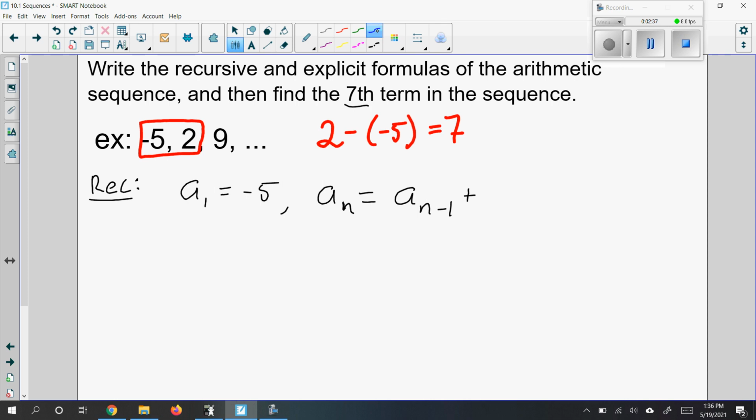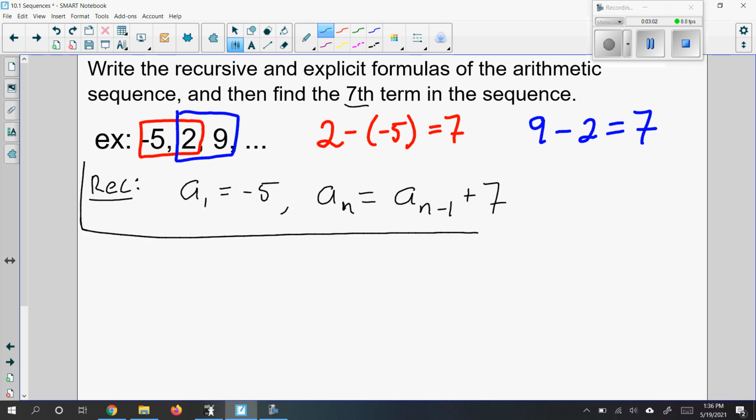We can take any two consecutive terms, so we could have taken these two terms as well. 9 minus 2 is 7. So in both cases, d is 7. So our formula is a sub n equals a sub n minus 1 plus 7. So this is the recursive formula.